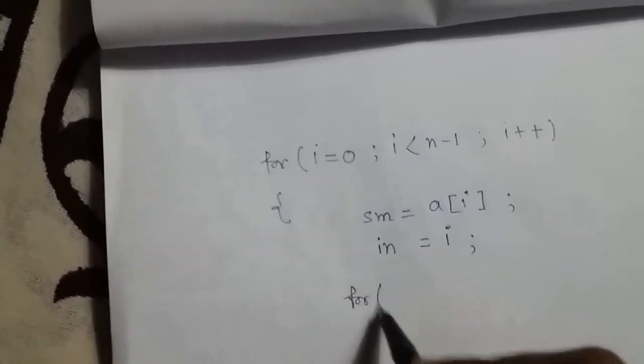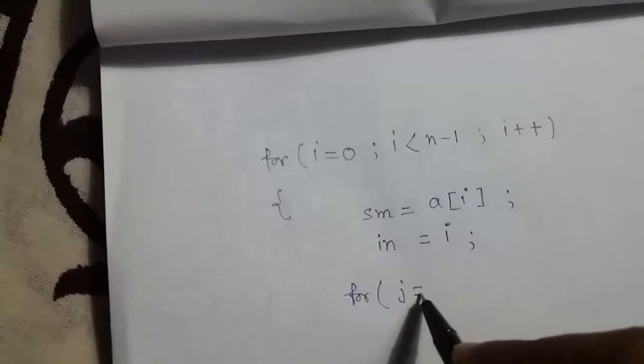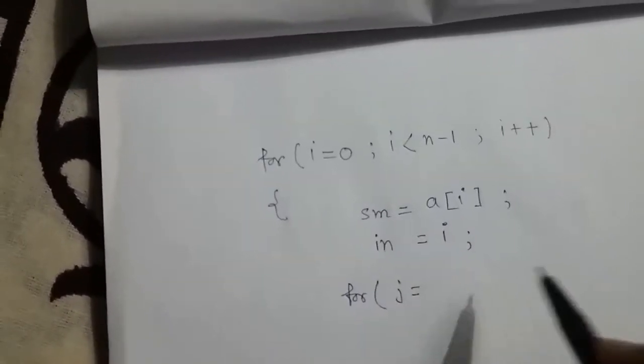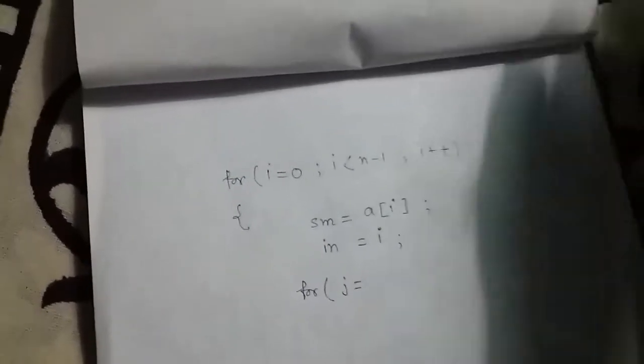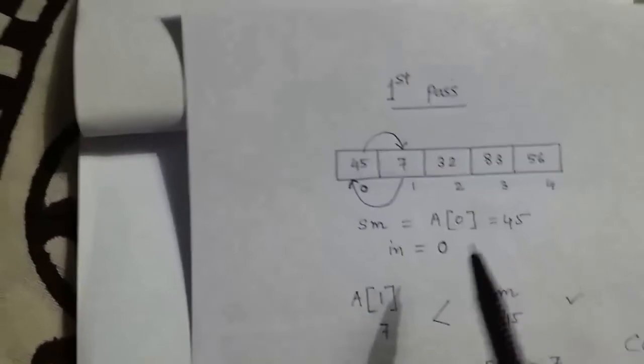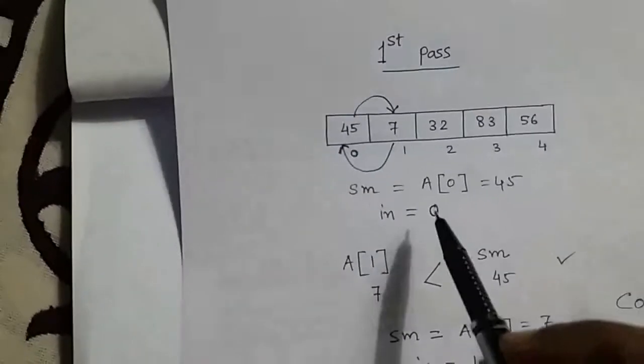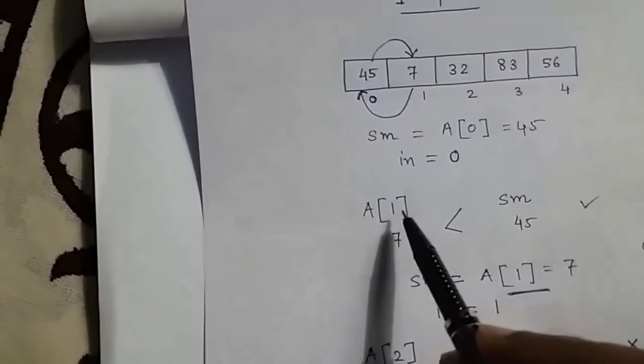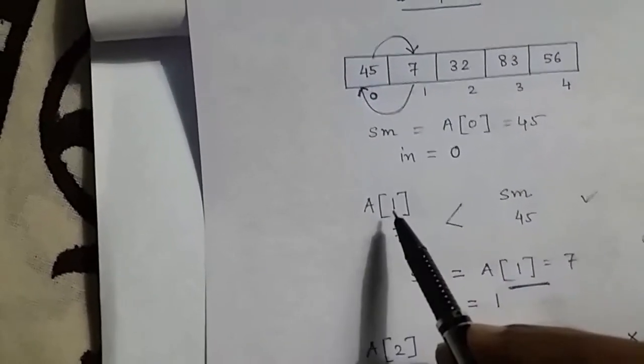Now let's write the code for the nested loop. So for j equals to, what will be j equals to? Let's analyze. You can see that the element that we are considering is a of 0 and the first element that is coming for comparison is a of 1. This is in the first pass.